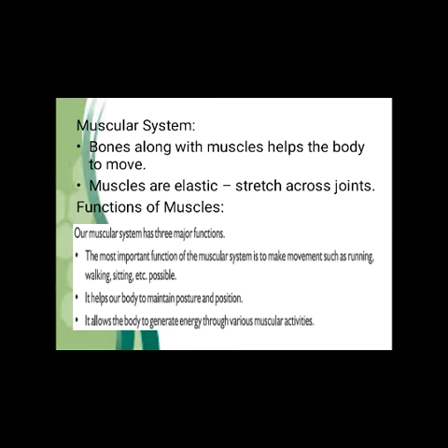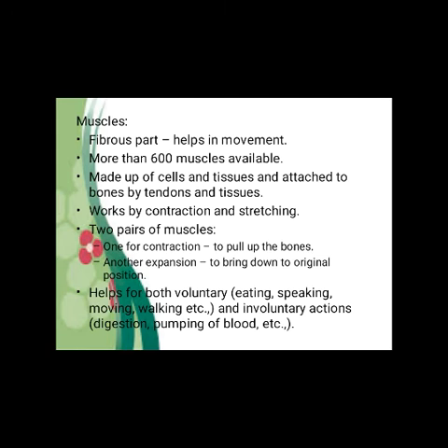It allows the body to generate energy through various muscle activities. And more than 600 muscles will be present in our body, and they work in pairs, one for contraction and another one for relaxation. These muscles are attached to bones with the help of tendons and tissues.